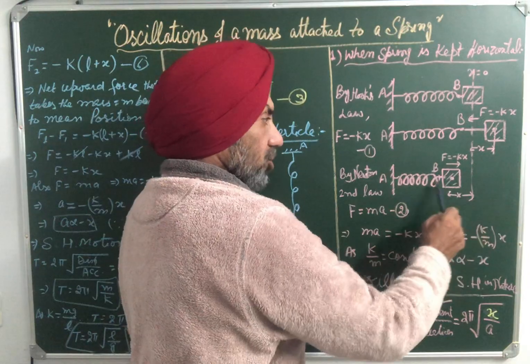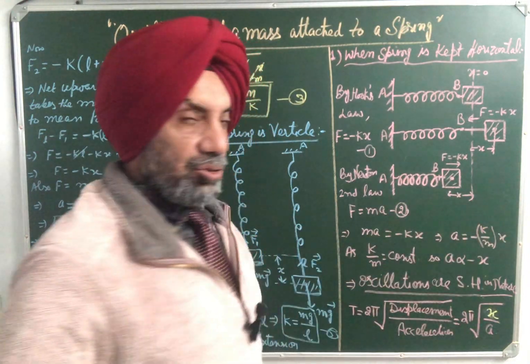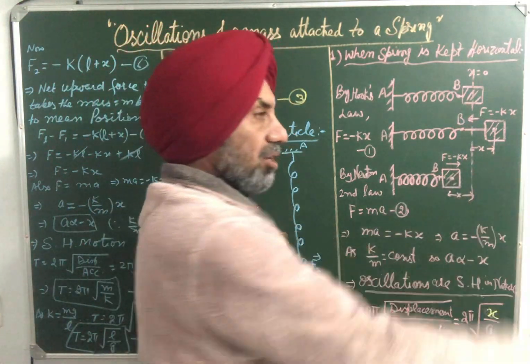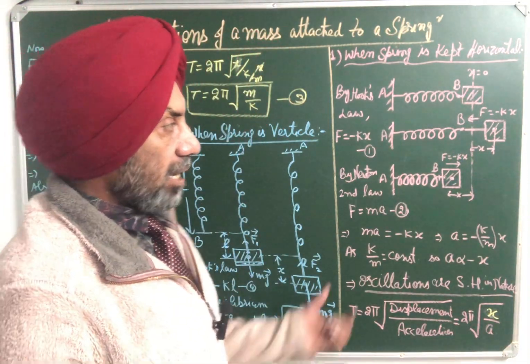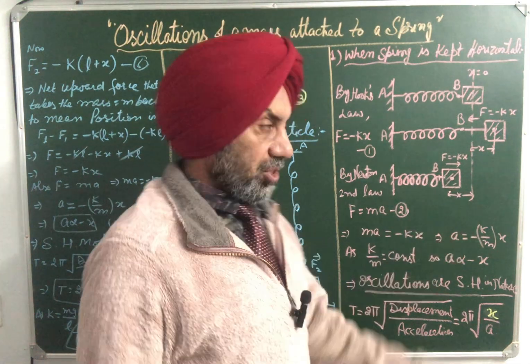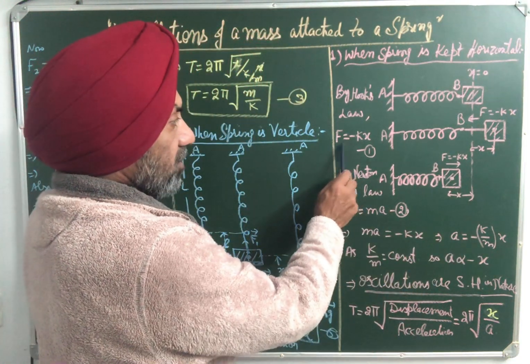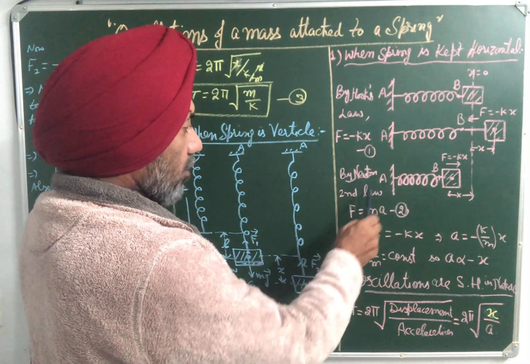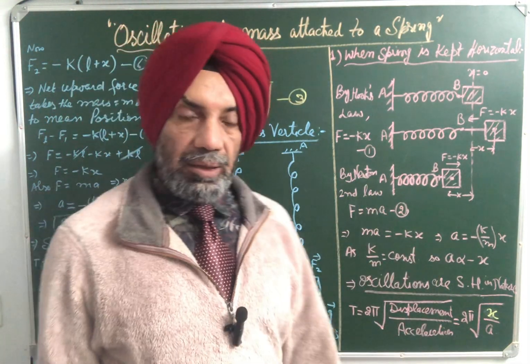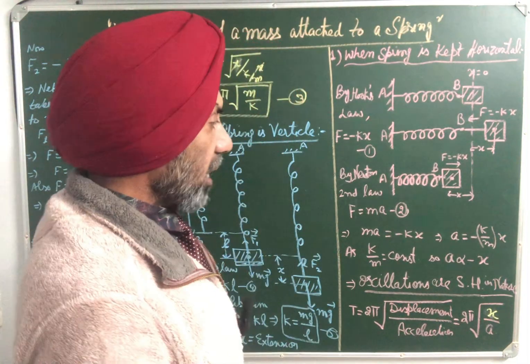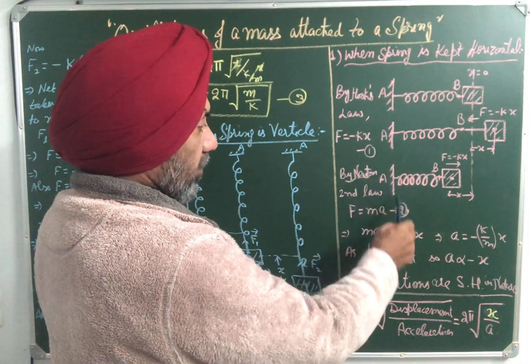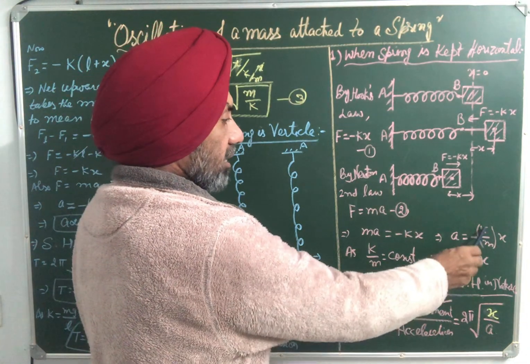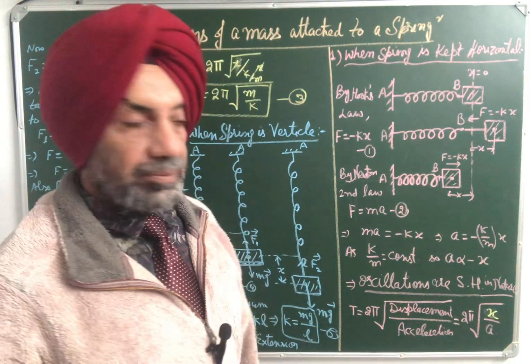So this to and fro motion and the oscillations of the mass due to compression and extension of the spring are simple harmonic in nature. To prove it, since F is equal to minus kx in accordance with Hooke's law, and by Newton's second law of motion, F is equal to ma, where a is the acceleration produced in the mass, comparing 1 and 2, we have ma is equal to minus kx, or a is equal to minus k by m into x.